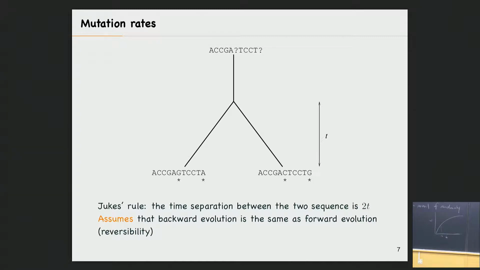And then you can say, well, okay, the separation between these 2 sequences is 2t, where t is the time since the last common ancestor of the 2 life forms. And then you say, well, I have 2 mutations during this interval of 2t, so there is a rate of 1 mutation per t, whatever t is, in this particular case. So this is a way in which you can roughly estimate the mutation rates.